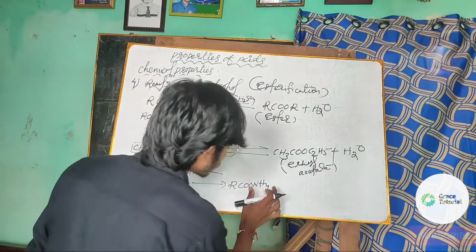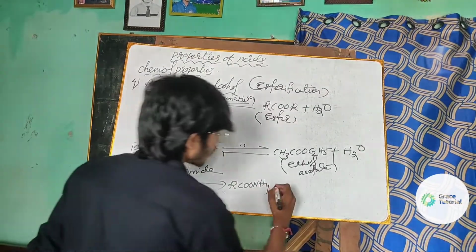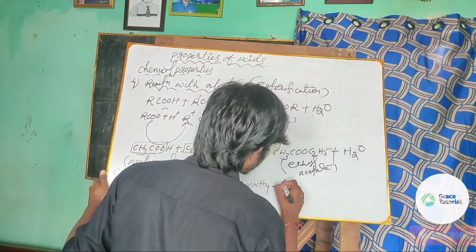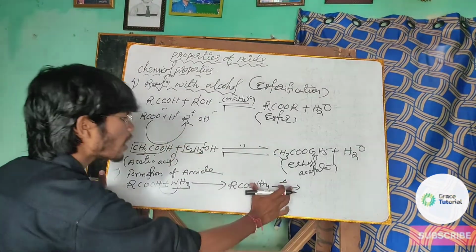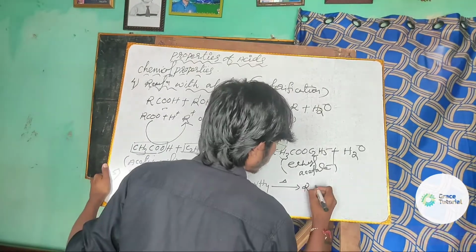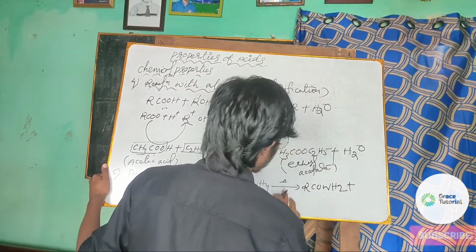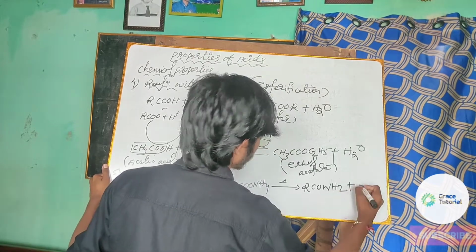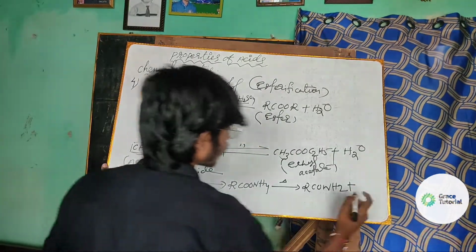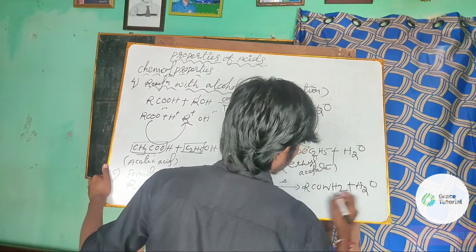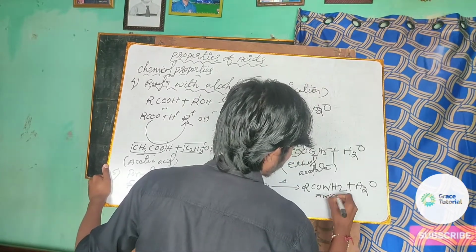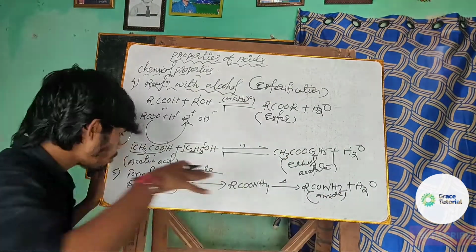So this is the ammonium salt of acid. If the ammonium salt of acid is further heated, then amide is obtained: RCONH2 plus water. So this is amide. That means the amide can be formed from the acid.